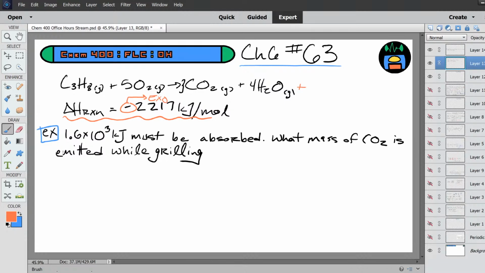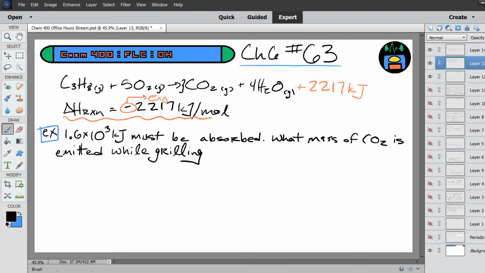So we're going to write in energy as a product of this reaction. Because in addition to producing 3 moles of carbon dioxide and 4 moles of water, this reaction is also producing 2,217 kilojoules of energy in the form of heat.